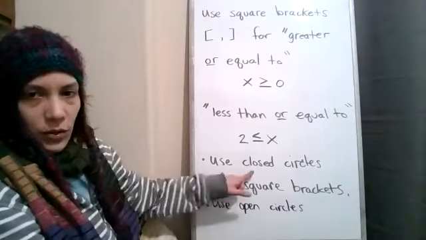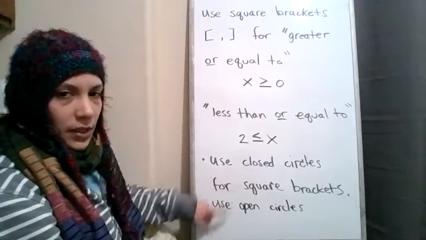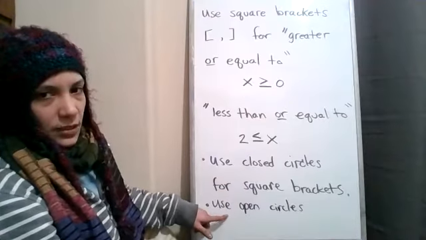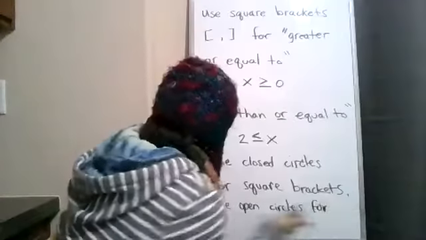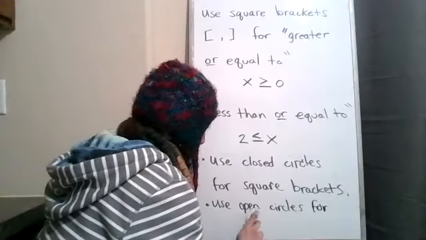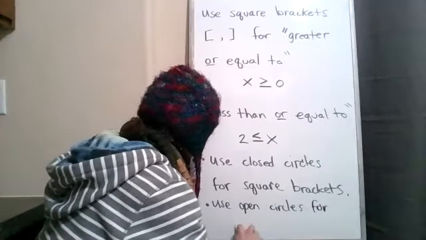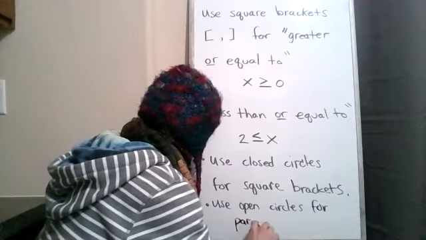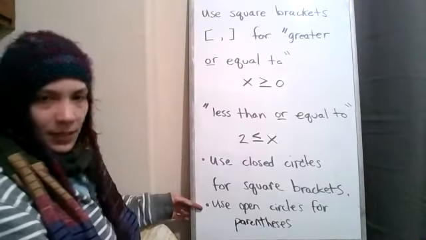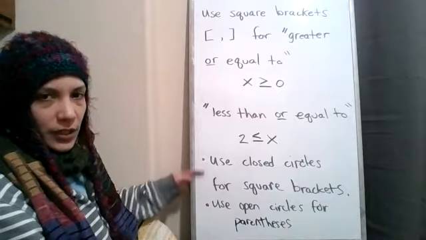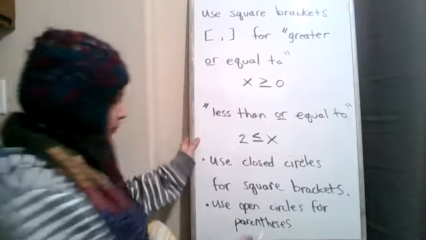Or you could say use closed circles when you have greater than or equal to, less than or equal to. Open circles are for strict inequalities, strictly less than, strictly greater than. It will both make sense. And I'm also going to note that this is when you're drawing a graph for the values of x.